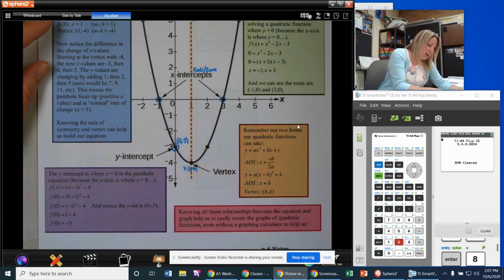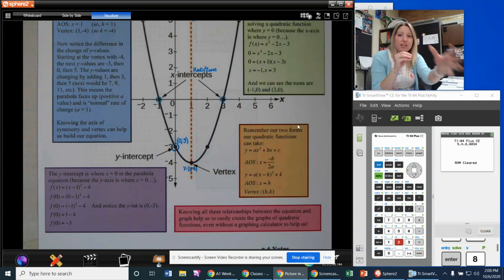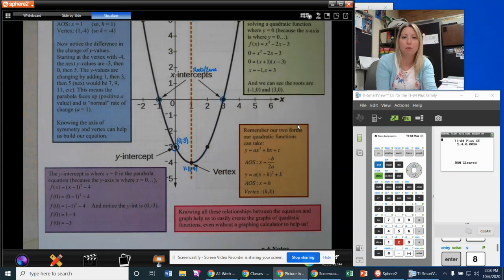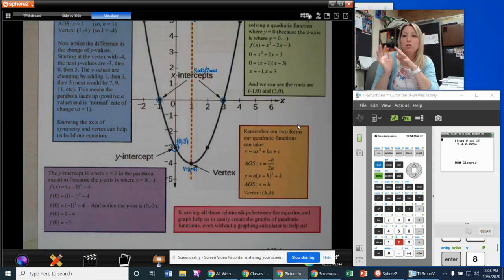Anyway, knowing all these relationships and how these numbers fit into the equation and the graph is just helpful. But you don't have to know it all. That's what the graphing calculator is for. I've got one right here on my screen. You can always plug the equation into y equals to get points to put on the graph, and that's what I'm going to show you today.